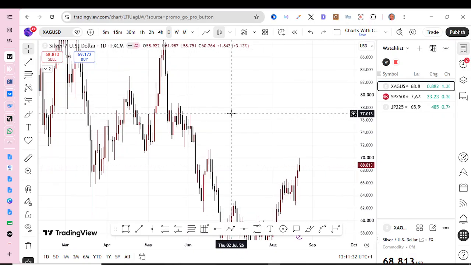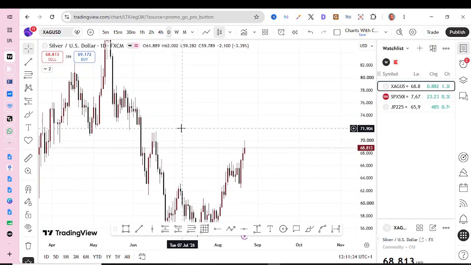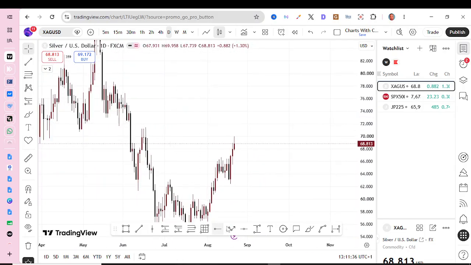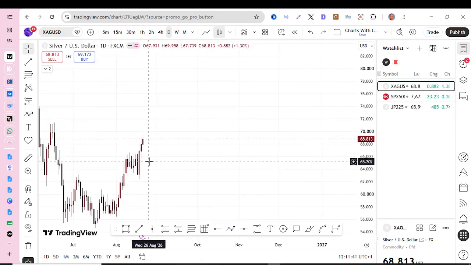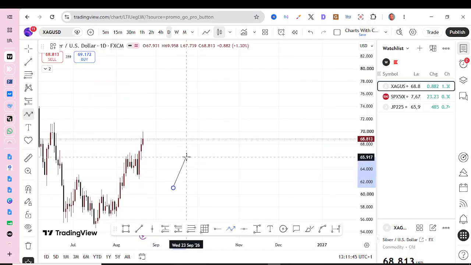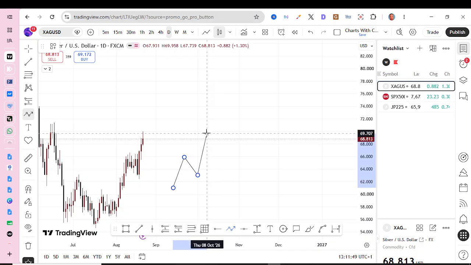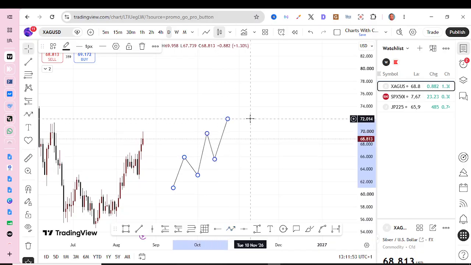So on silver, before I explain the concept of market structure, we are told market creates higher highs and higher lows, right? So higher highs, higher lows, higher highs, higher lows, higher highs. This is just the basic market structure.